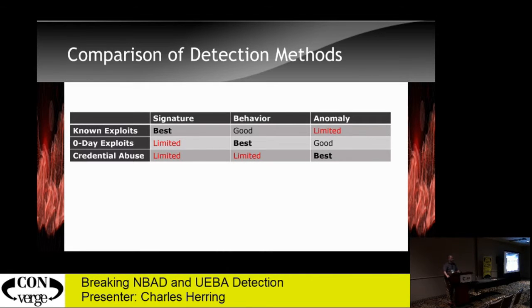Known exploits are best caught by signature detection. If you know what the hash is and the hash is matched, you know what the exploit is. Very high fidelity in detecting known exploits. Zero-day, or not yet known exploits, are best detected by behaviorals, in that the exploit itself is new, but the payload or the subsequent behavior that comes after the exploit is the same, right?